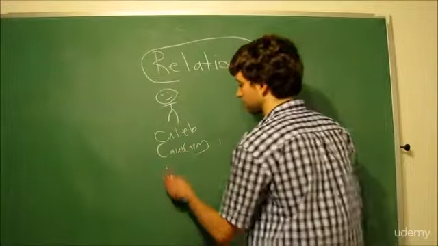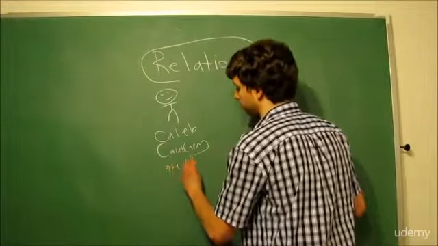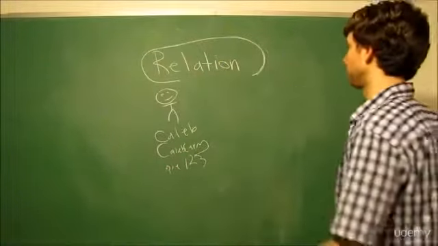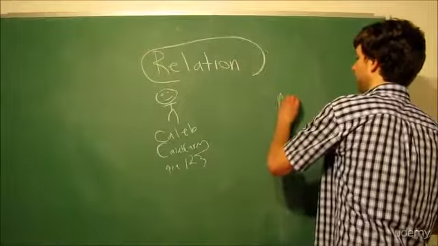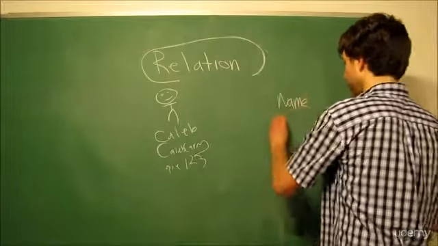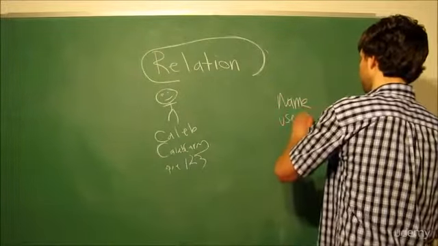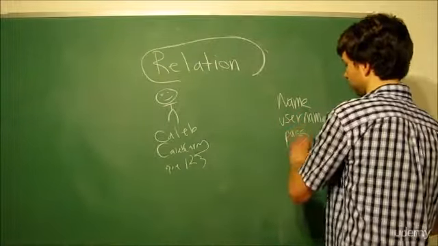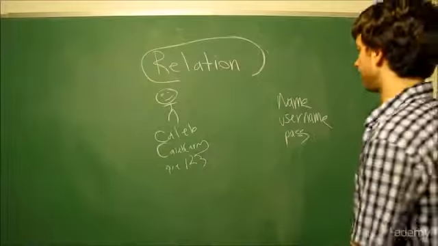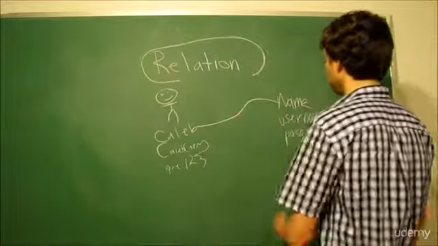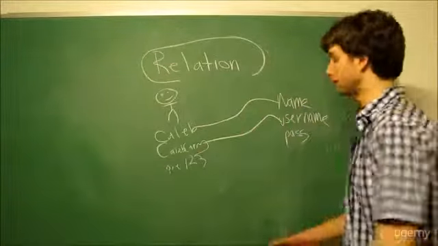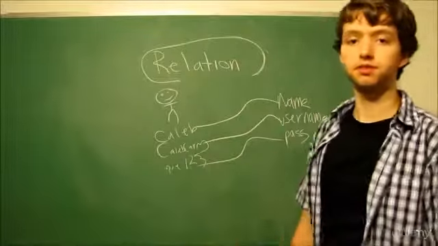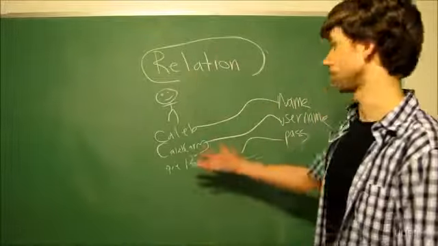And we'll give him a password, pi123. And then over here, we have the set of attributes for a table. We have name, username, and password. We can make this connection of data. So the name is Caleb, the username is Caleb Curry, the password is pi123. That makes sense, although graphically it looks like a mess.